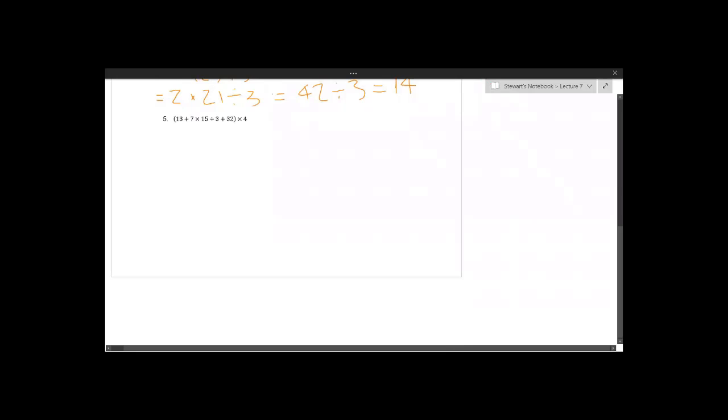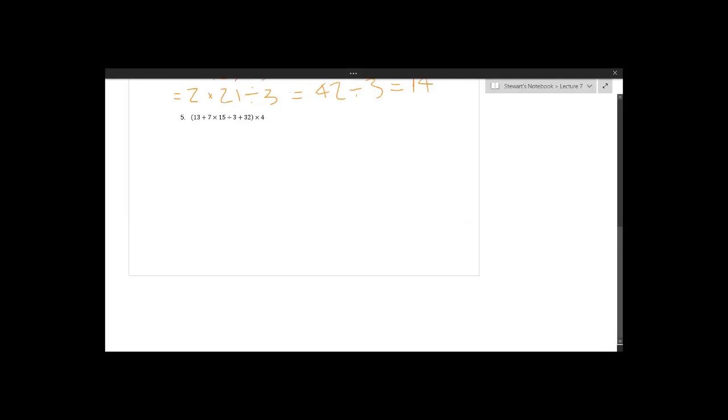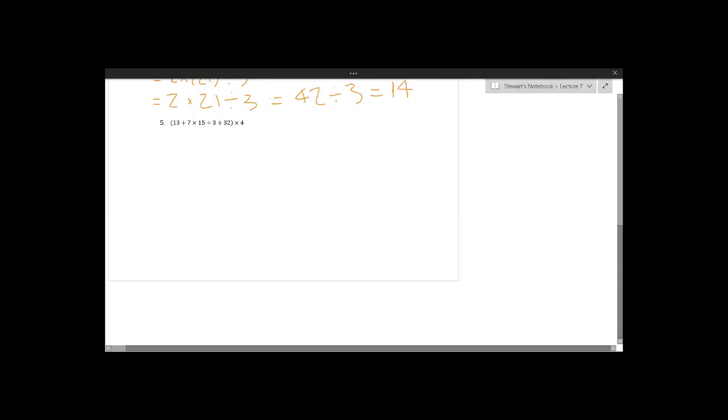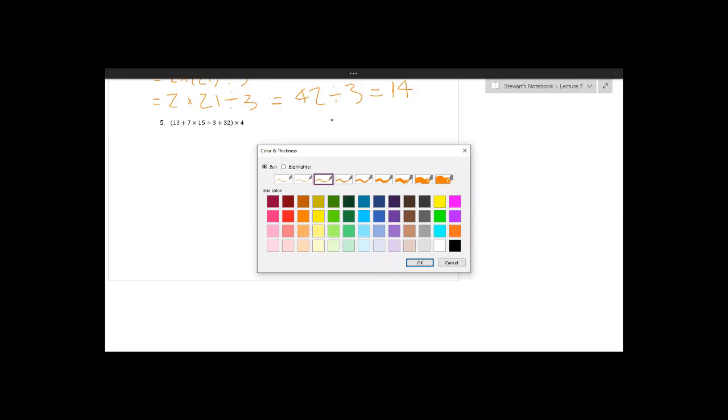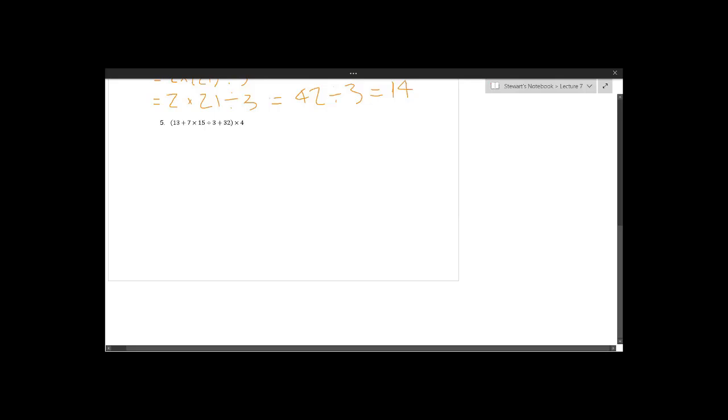We have parentheses. We have the whole quantity, 13 plus 7 times 15 divided by 3 plus 32, that whole quantity times 4. So we have to evaluate what's inside parentheses first, but like I also mentioned previously, when you have multiple things happening inside parentheses, you have to follow the order of operations also inside the parentheses.